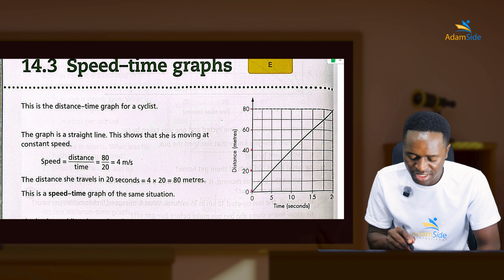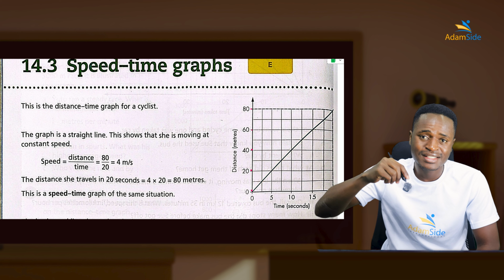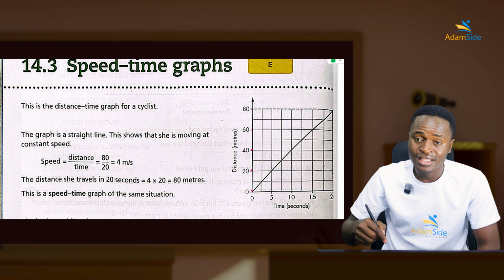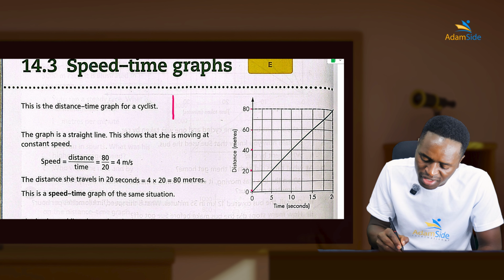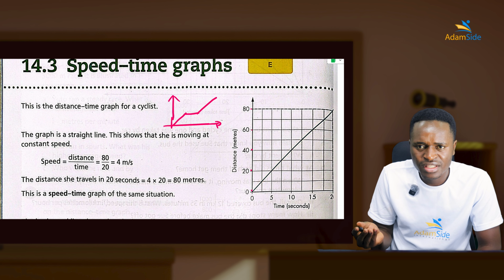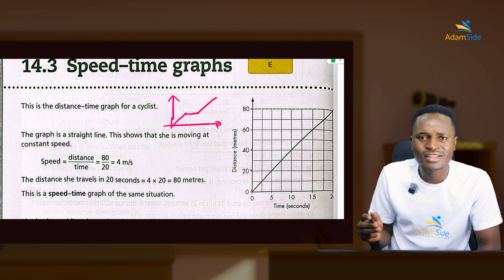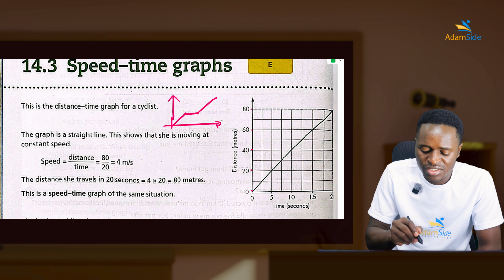The graph is a straight line. This shows that she's moving at a constant speed. We reviewed that when you see a straight line in a distance time graph, the speed is constant throughout the journey. But if the graph changes in between, obviously there will be a change in speed. What if we have a curve?